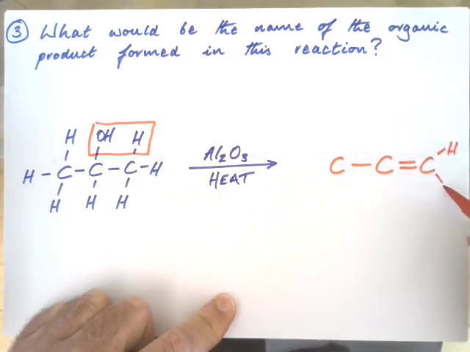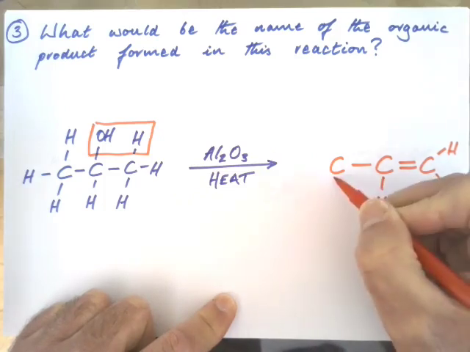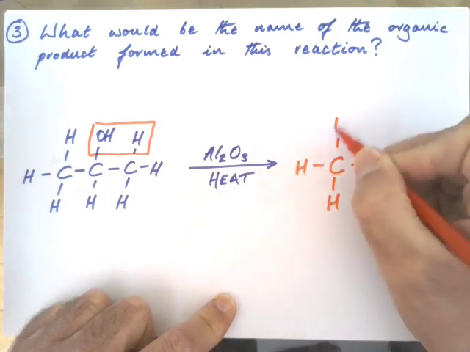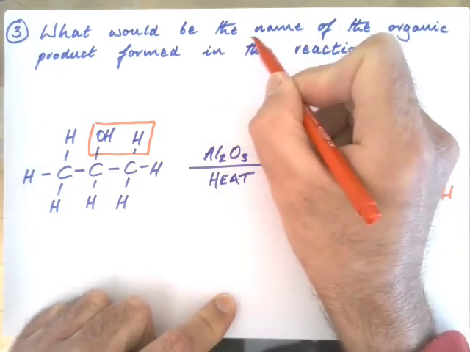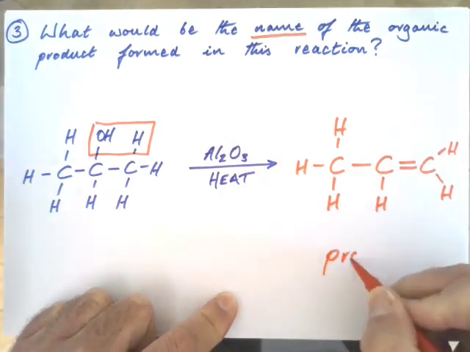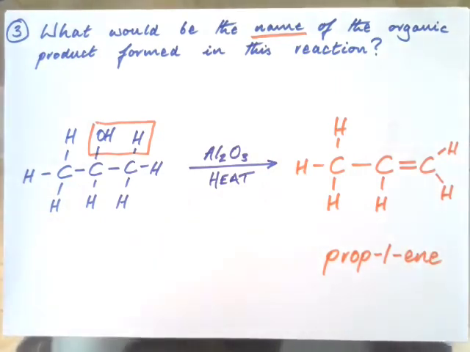That's what our alkene will look like. But it's asking for the name. So did you name it? I suppose it should be prop-1-ene, but with propene, you can't get prop-2-ene, so propene would be fine. Prop-1-ene would be the ideal name.